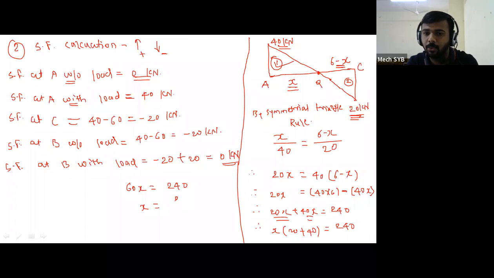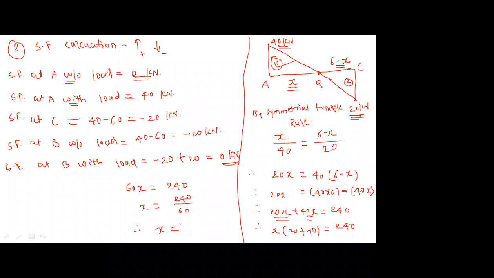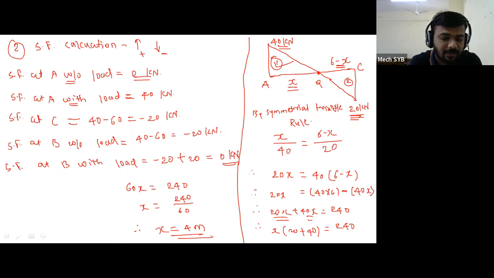Therefore x is equal to 240 divided by 60, therefore x is equal to 4 meter. So like that we have to calculate the distance by applying the symmetrical triangle rule.